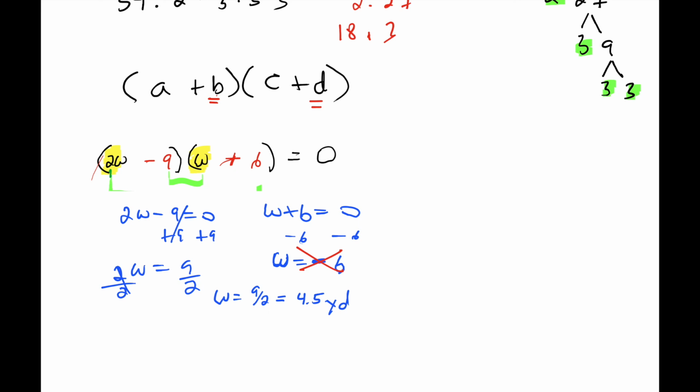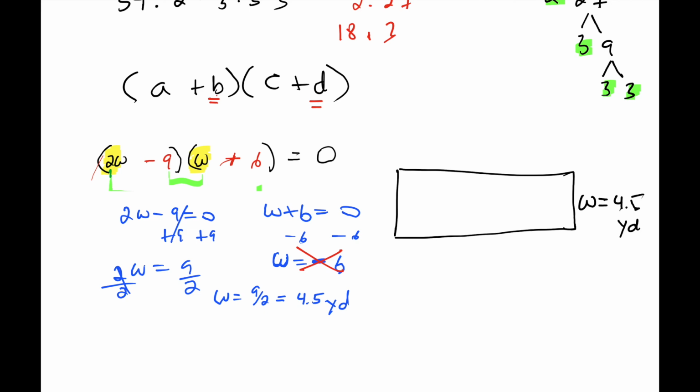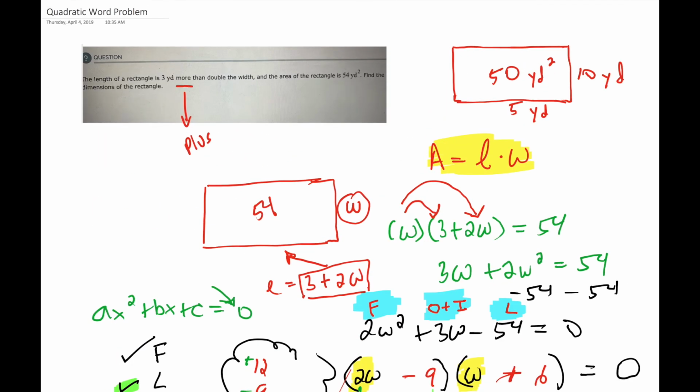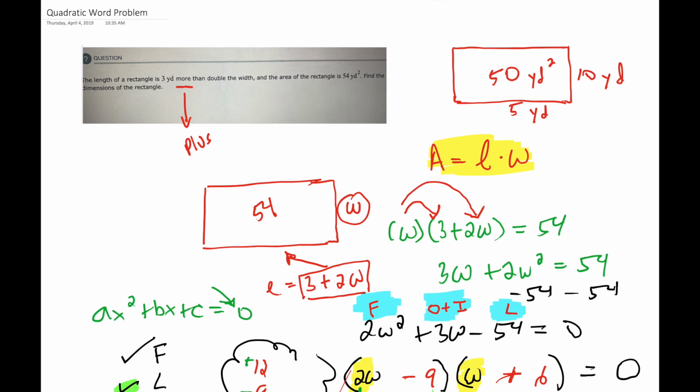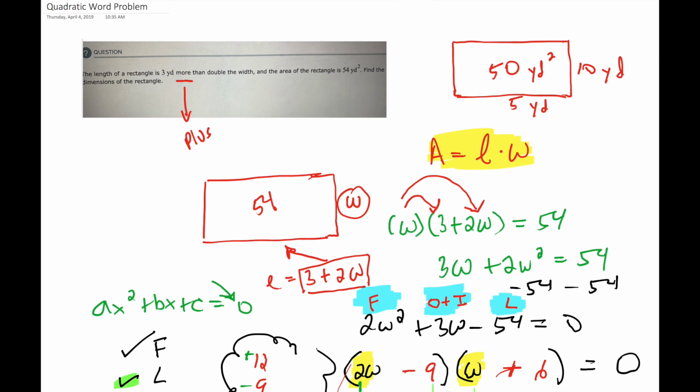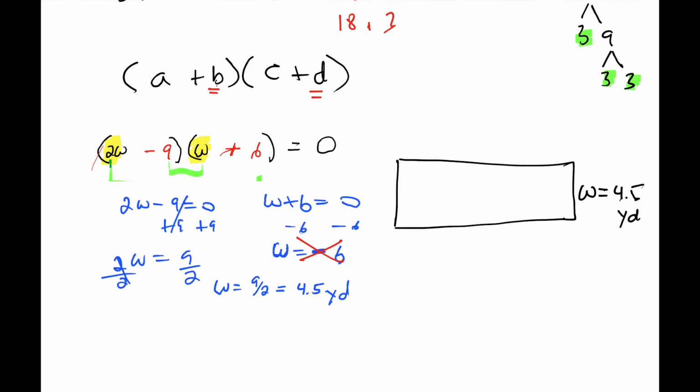Then we have, so if we put, yeah, exactly. We have everything in terms of w. So w is equal to 4.5 yards. And then the other one, where'd it go? L is equal to 3 plus 2w. Right, so L is equal to 3 plus 2w.